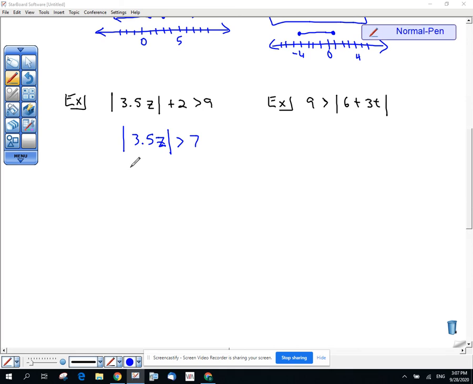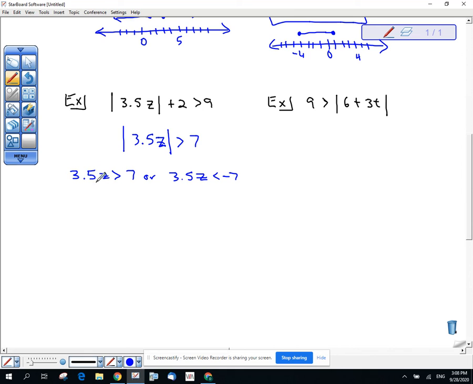I realize this video is getting long, but this is intense stuff, so I hope you're sticking with me here. 3.5z is greater than 7, or 3.5z is less than -7.